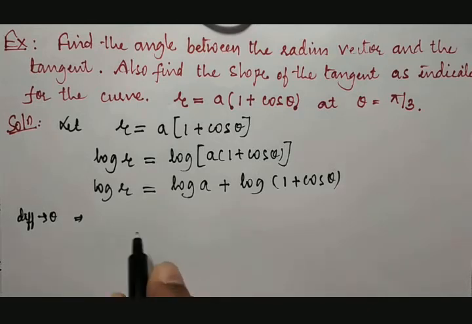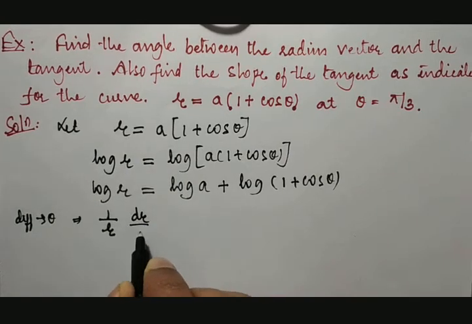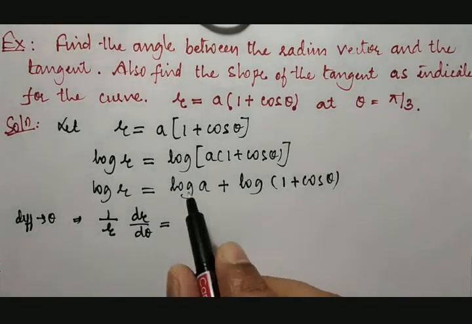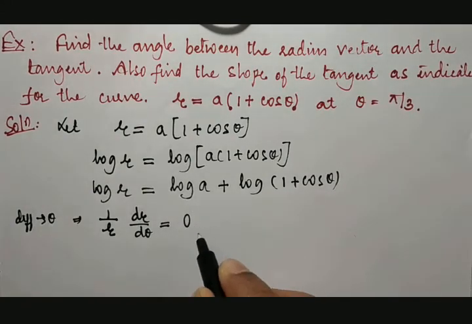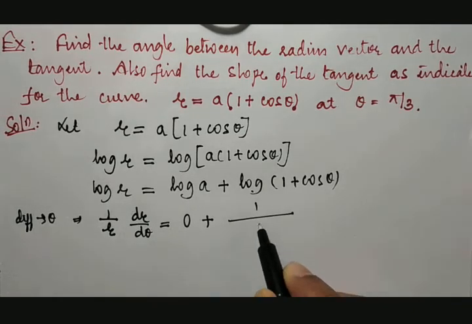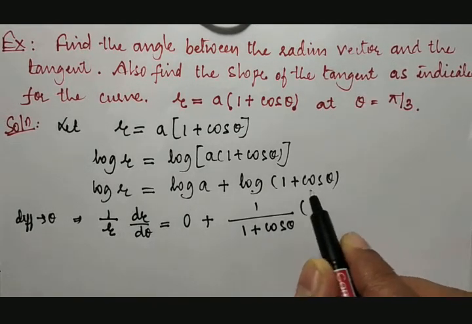If we differentiate it, it becomes 1 divided by r into dr by d theta is equal to differentiation of log a, which will be 0, plus differentiation of log of this, which is 1 divided by 1 plus cos theta into bracket.